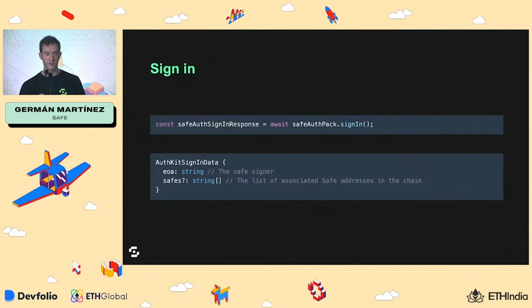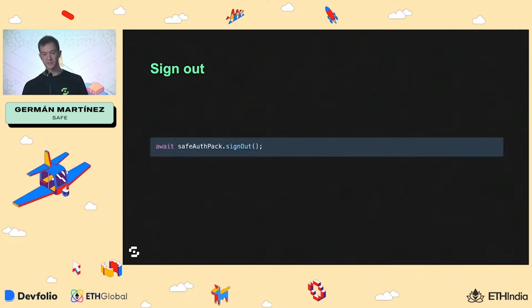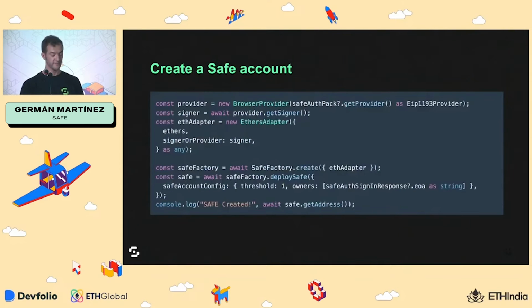Then the developers would be able to decide which safes they want to select. As a user, if you want to sign out, just SafeAuthPack.signOut. You can get the provider from the MPC, SafeAuthPack.getProvider.